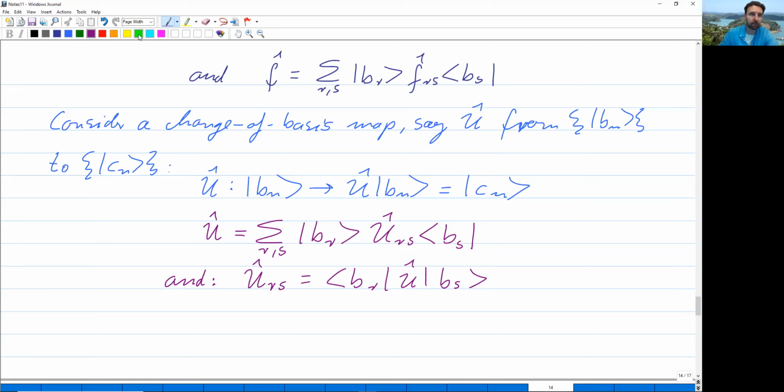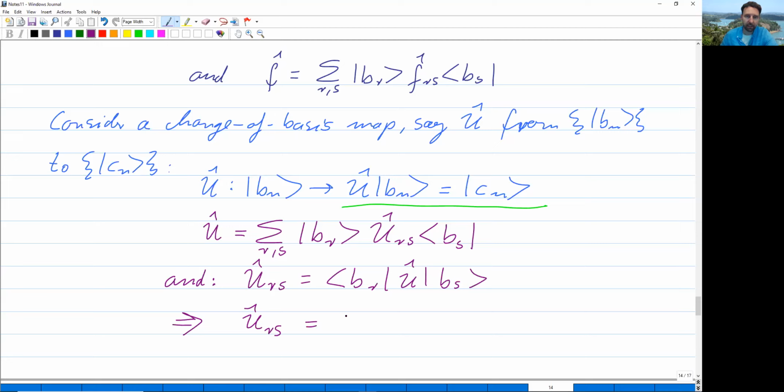That's because of this here. When you have U hat acting on a B basis vector, you get the corresponding equally numbered C basis vector.